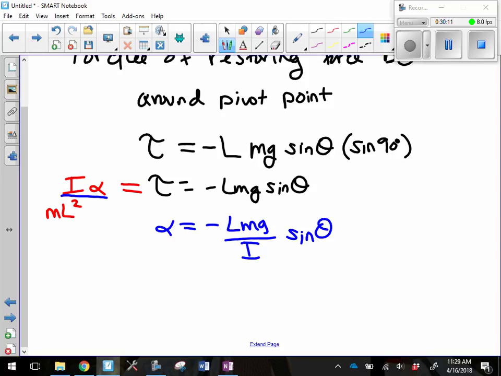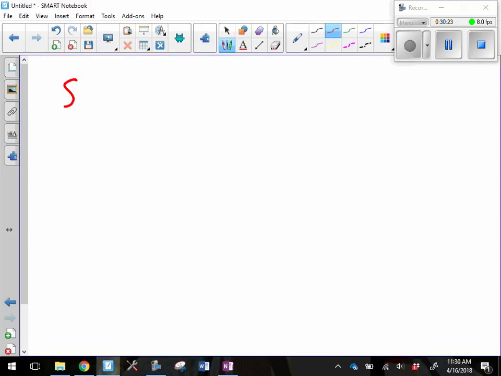And then actually, we need to make an approximation here in order for this to work. And it's called the small angle approximation.